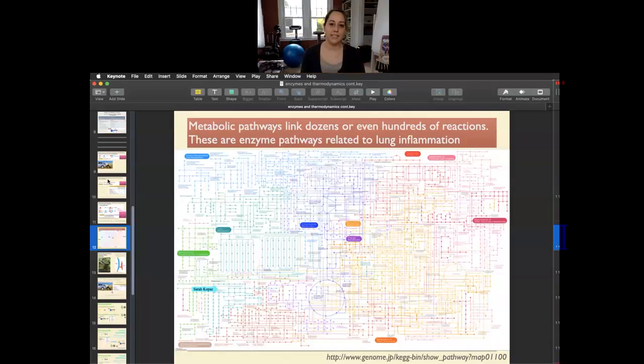These are the enzymes that are active during lung inflammation in humans. All of the dots are going to be products, and the lines in between them represent reactions of their enzymes. And these are color-coded, so each different type of pathway, set of reactions, is a different color.